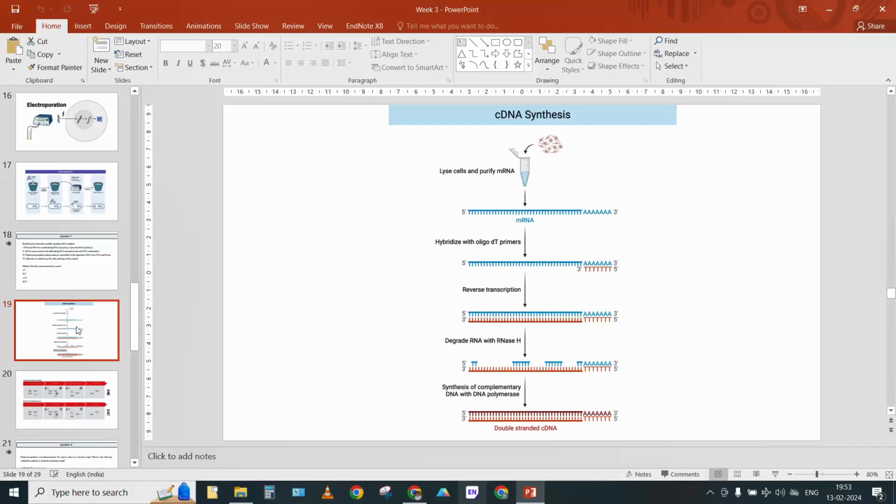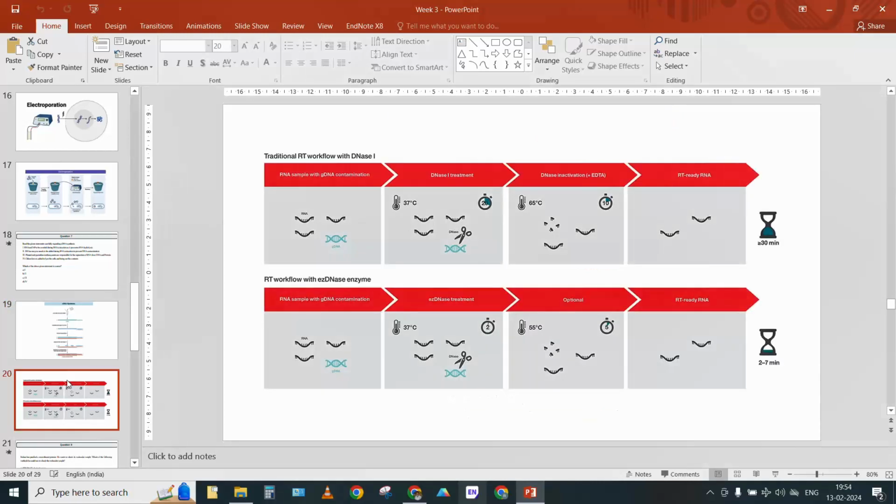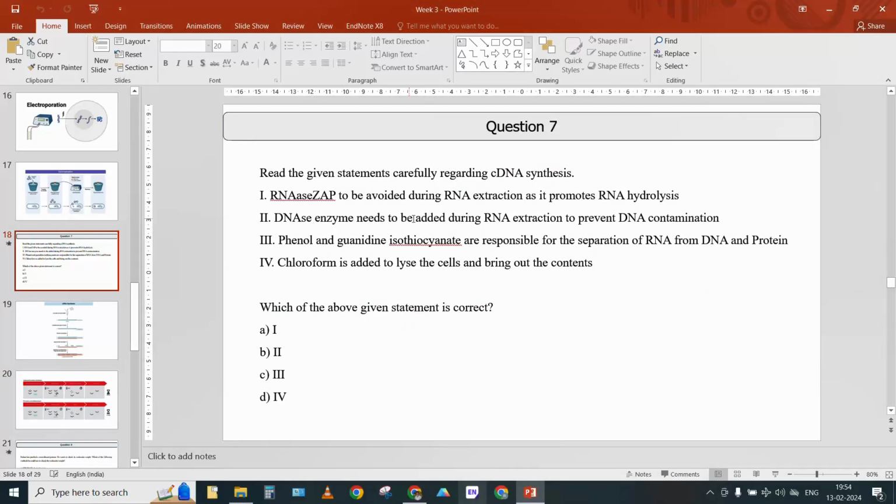This process is crucial for various applications, including gene expression studies, cloning, and generation of complementary DNA libraries. Coming back to the question, which states that DNase enzymes need to be added during RNA extraction.